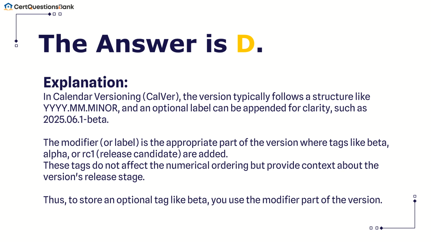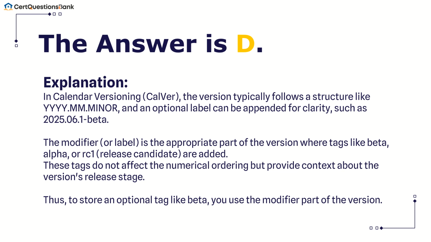The answer is D. In calendar versioning, CalVer, the version typically follows a structure like YYYY.MM.Minor, and an optional label can be appended for clarity, such as the 1st of June 2025 beta.